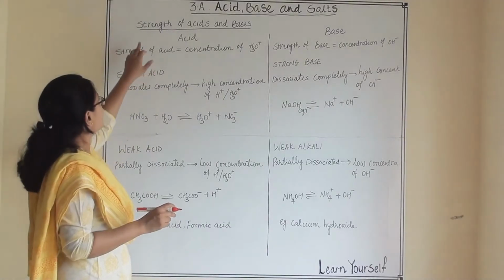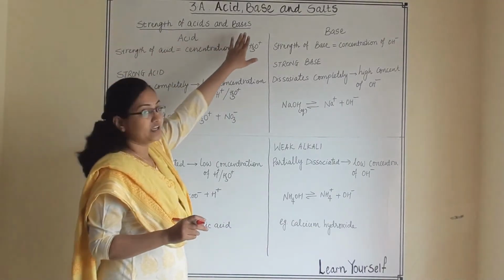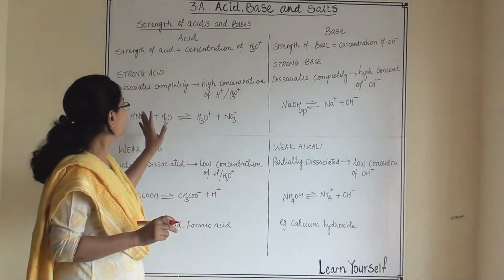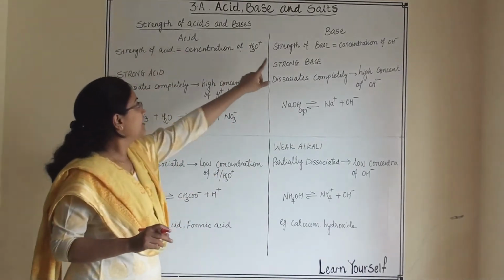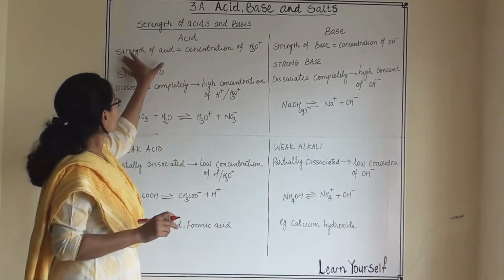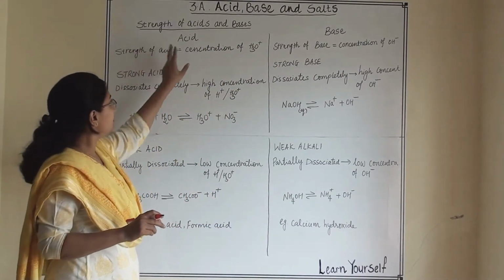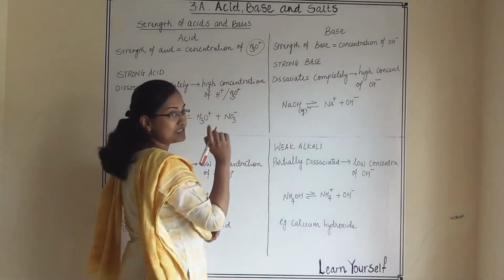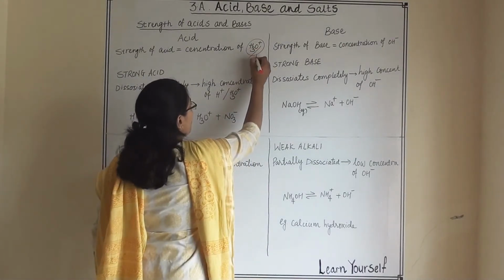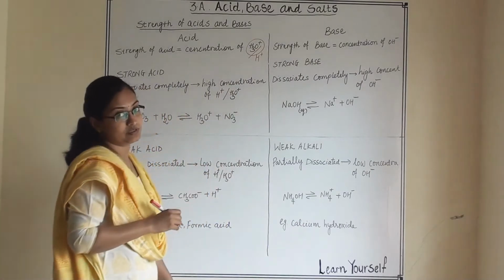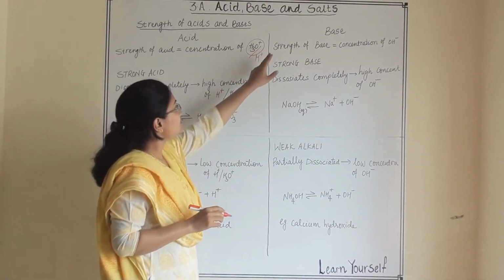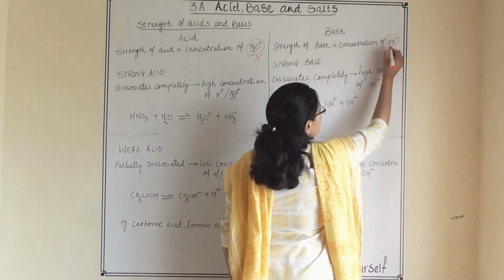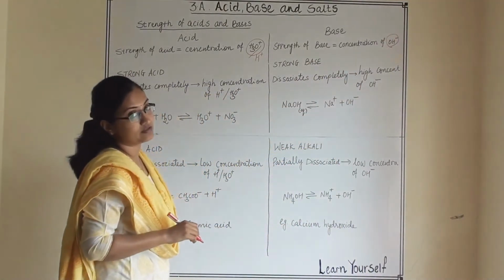Now see the strength of acids and bases, and let us see the difference between them. The strength of an acid depends upon the concentration of H3O plus, meaning hydronium ion, or H plus ion. The strength of a base depends upon the concentration of OH minus ion.